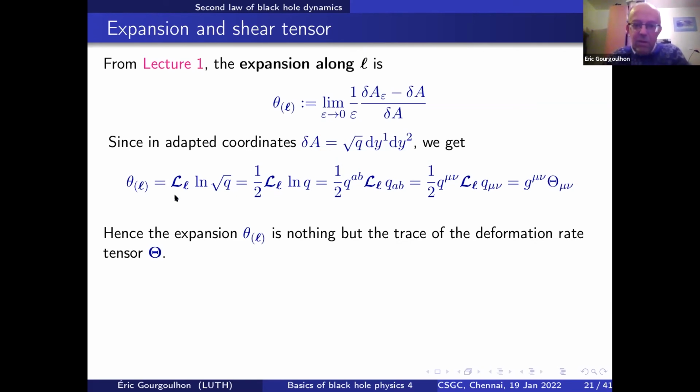And then a simple formula is that the expansion is nothing but the logarithmic derivative of the square root of the determinant, the area element, along L.